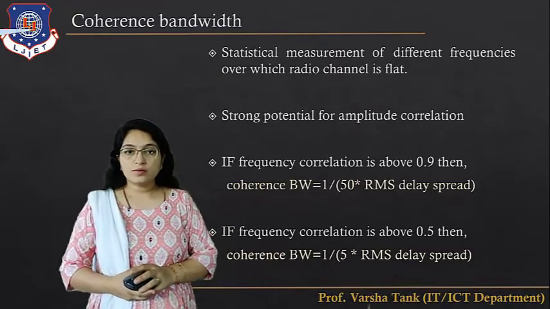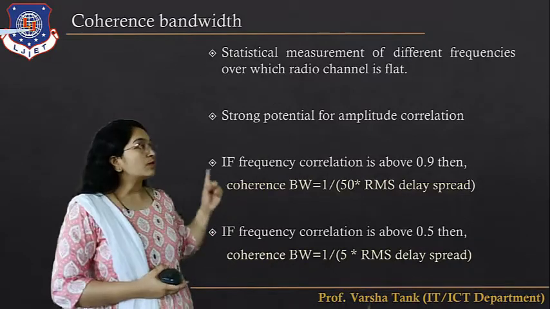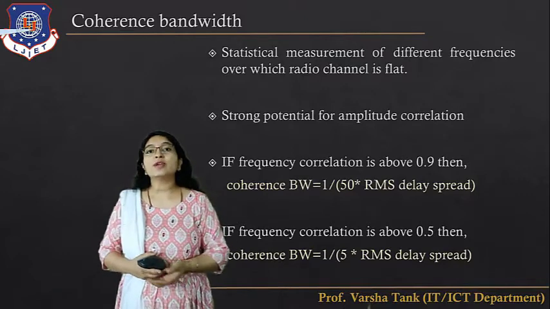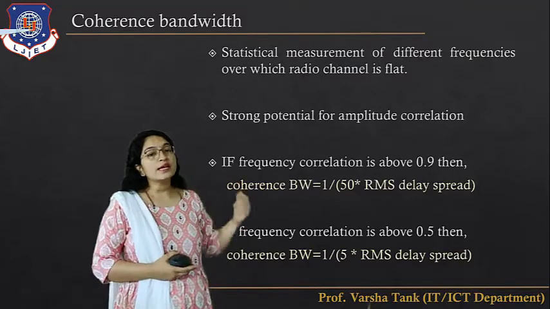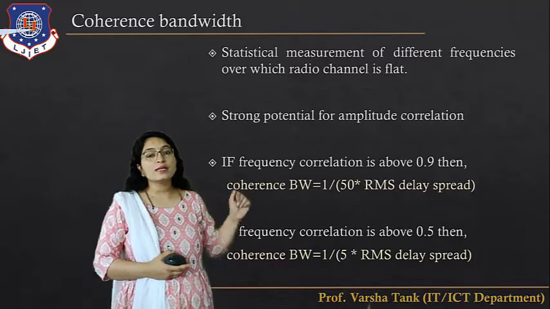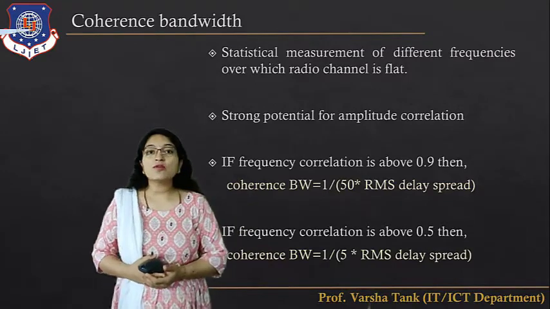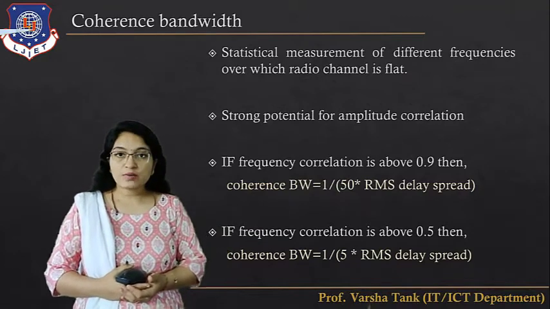So let's learn about the coherence bandwidth. First of all, what is it? It is a statistical measurement of the range of frequencies over which the radio channel is flat, and that is known as the coherence bandwidth. A strong potential for amplitude correlation is required.